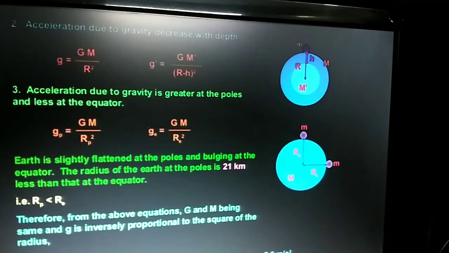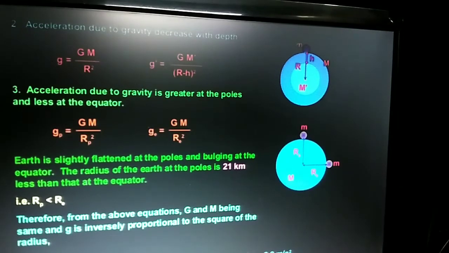g p, that is gravitational acceleration at the poles, is equal to G M by R p square, whereas g at the equator is equal to G M by R e square. Earth is slightly flattened at the poles and bulging at the equator. The radius of the Earth at the poles is 21 kilometers less than that at the equator.